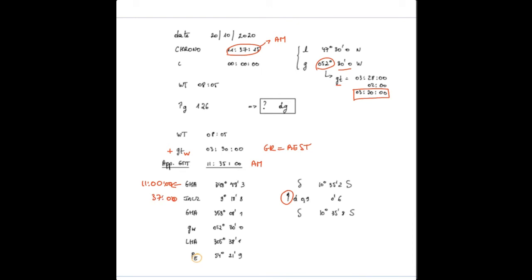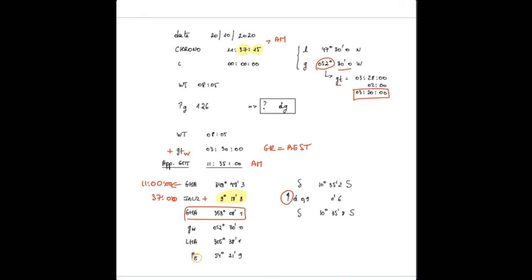Excuse me, 37 minutes 15 seconds. This gives us 9 degrees 18.8. This is the value that you are looking for: 37, 15, and this corresponds with this value here, 9 degrees 18.8. We always add the increments, and this gives us a GHA that you can see there.